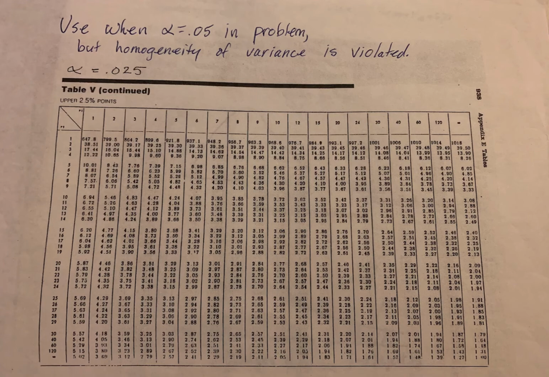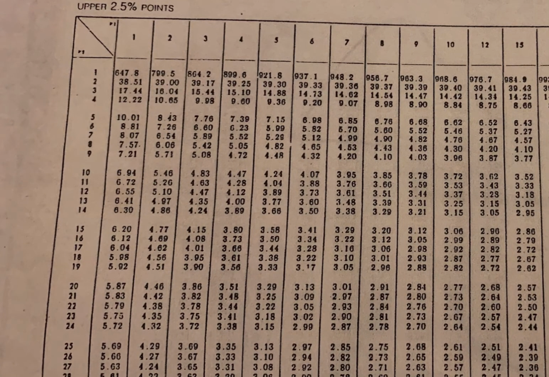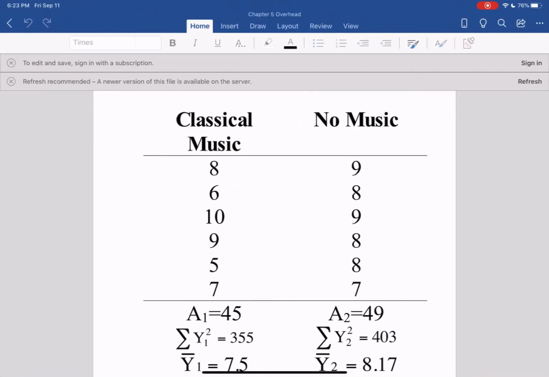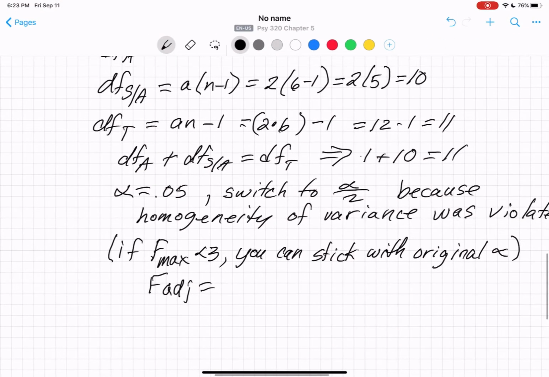Our degrees of freedom for A is 1, so we look in this first column, and degrees of freedom for S over A is 10, so we look here at 10, and our critical value is going to be 6.94. Okay? So our F adjusted is 6.94.